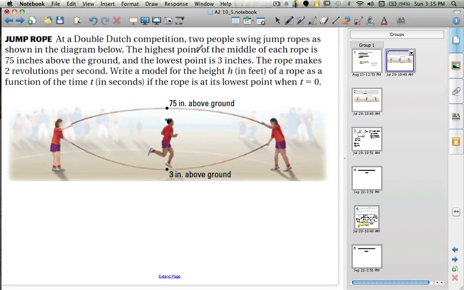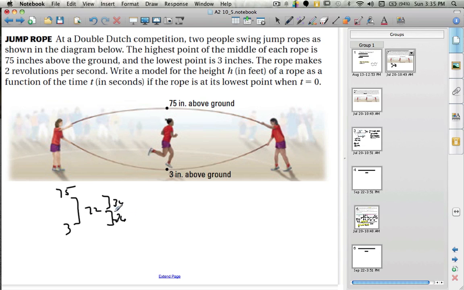Okay, so in this case, the highest point in the middle of each rope is 75 inches above the ground. So I have a top place of 75, and I have a bottom of 3. The distance between those is 72 inches, and that means that the amplitude is 36.